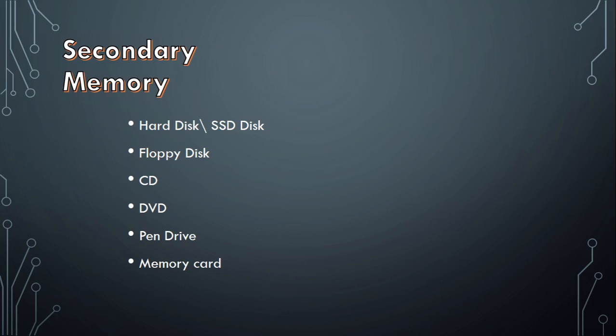The secondary memory is also called auxiliary storage. Some examples of secondary memory are hard disk, SSD disk, floppy disk, CD, DVD, pen drive, memory card, etc.